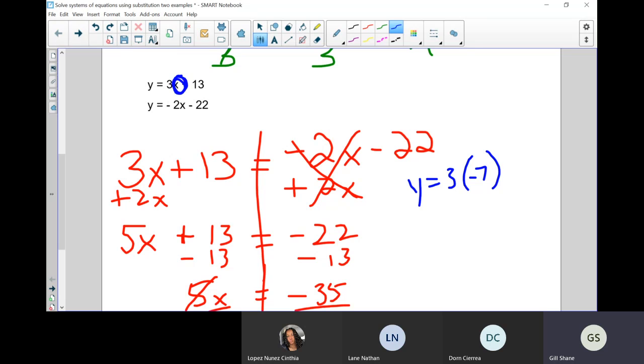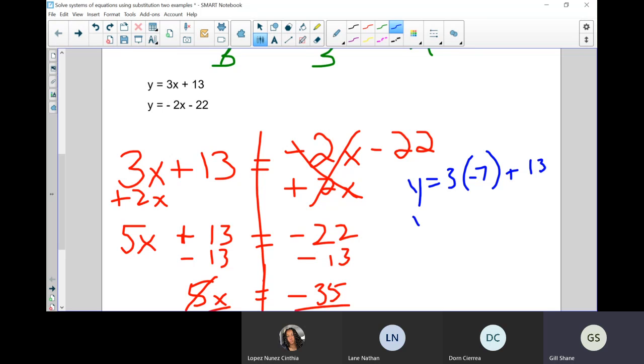So I took this x right here, and I replaced it with -7 right there, because that's what I had solved out for x down below. And then I need to add the 13 because that's still part of the equation.